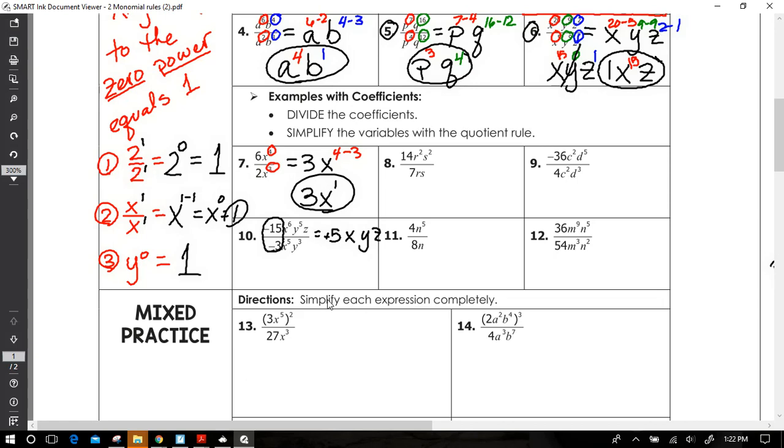So for my x's, I have 6 minus 5, which is 1. I have 5 for my y's, y to the 5th over y cubed, so that's 5 minus 3, which is 2. And then I have this z here to the 1st power, and there's no z in the denominator of my fraction, so it just stays how it is. And that's my final answer.